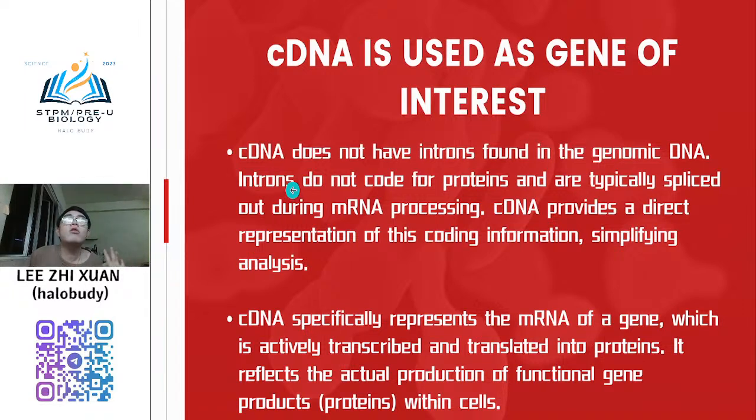Intron does not contain any protein code. So meaning that in genetic engineering application, we want that gene to produce protein, right? To produce and express the protein or enzyme or hormone, all of that.